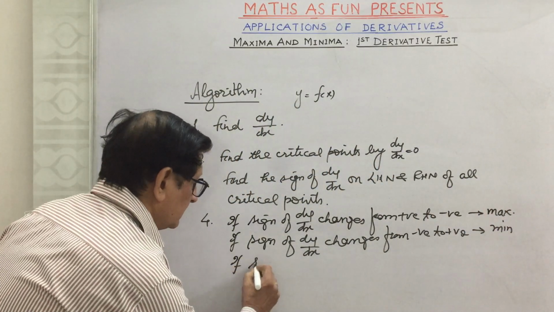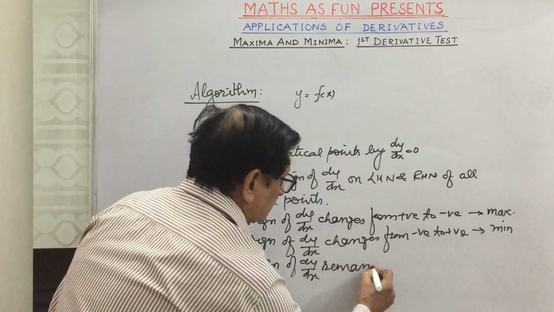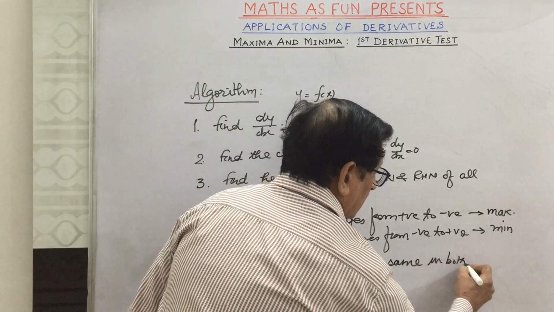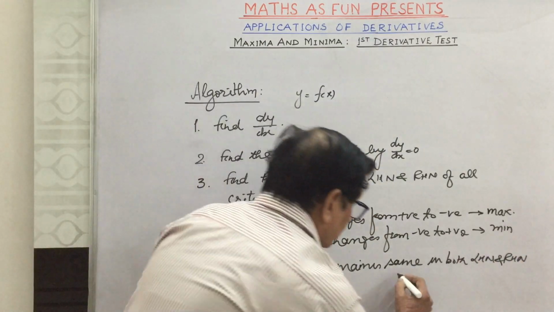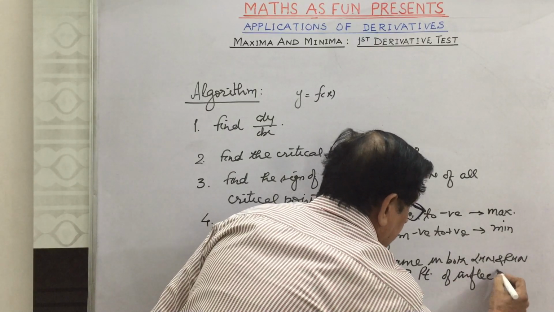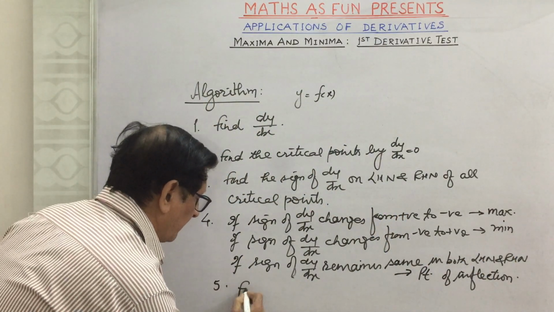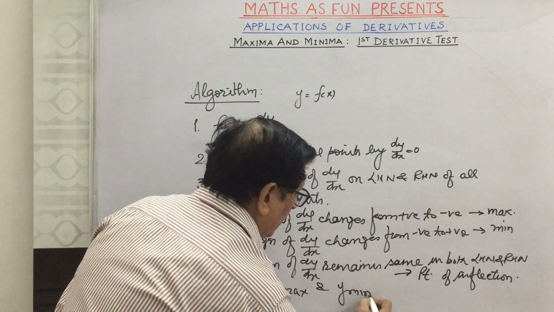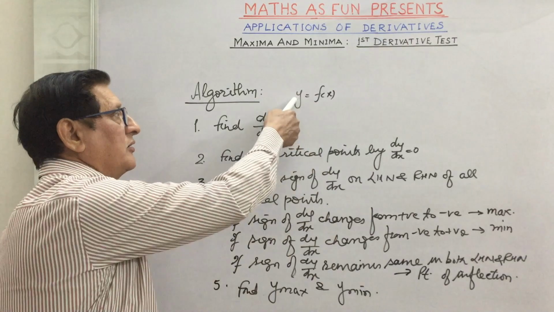If the sign of dy by dx remains the same in both the left hand and right hand neighborhood, then that is the point of inflection. And in the fifth step, we can find the y maxima and y minima by putting those values of local maxima and local minima in y.